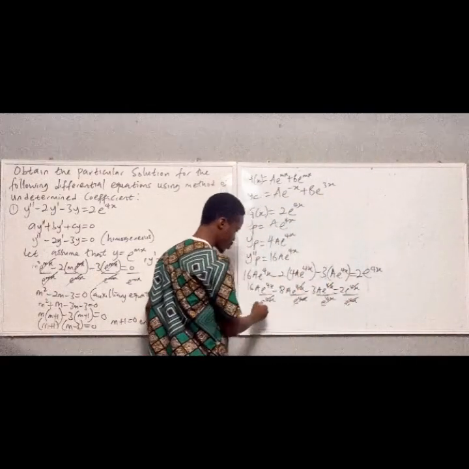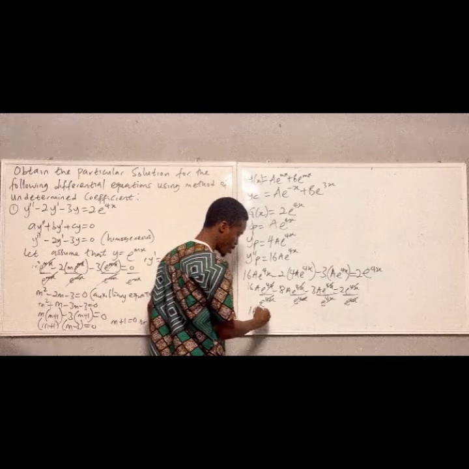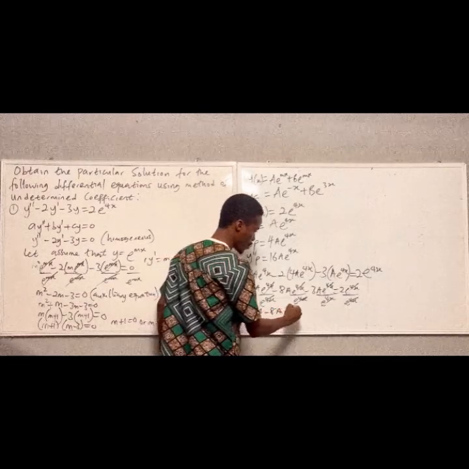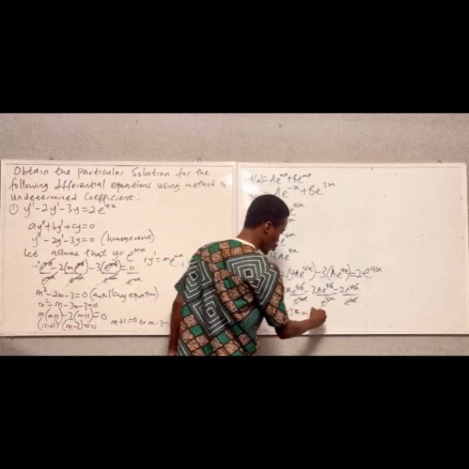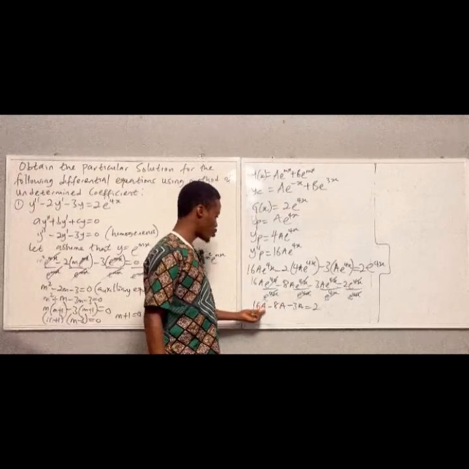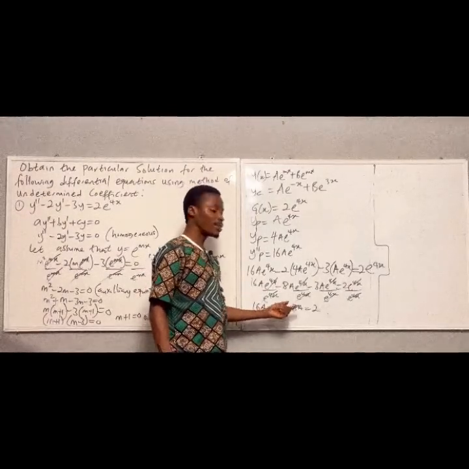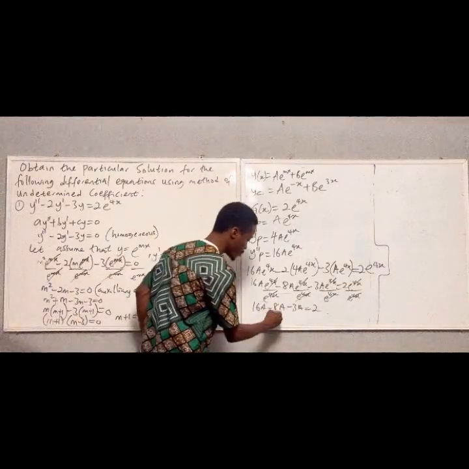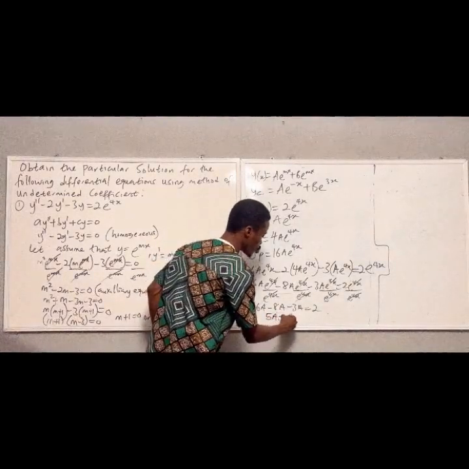Exponential 4x will cancel. I'm going to have 16a minus 8a minus 3a is equal to 2. So 16a minus 8a is 8a. 8a minus 3a is 5a. 5a is equal to 2.